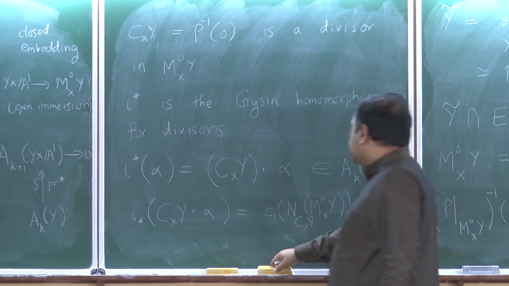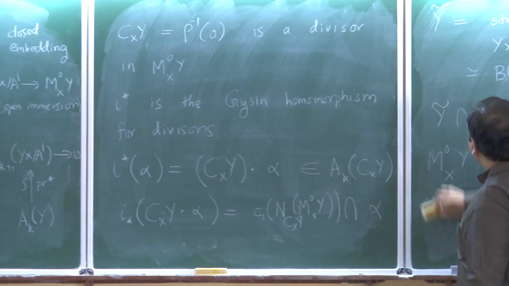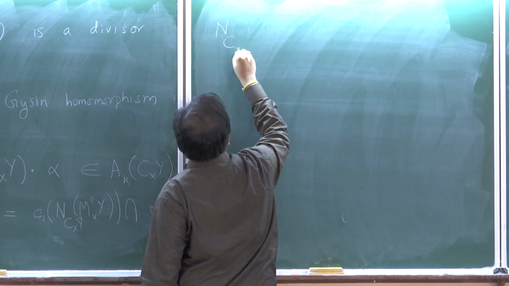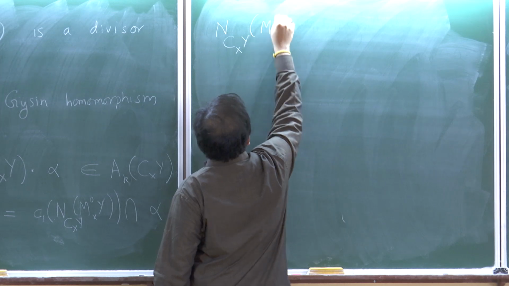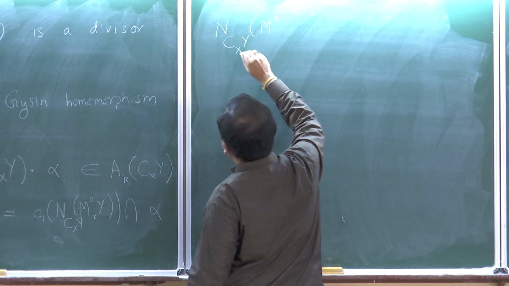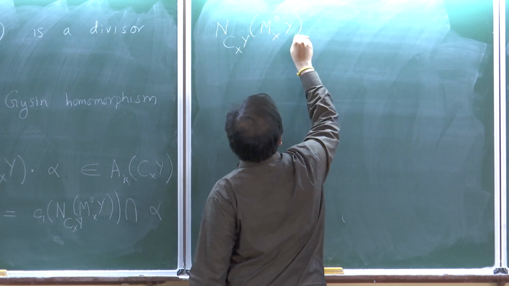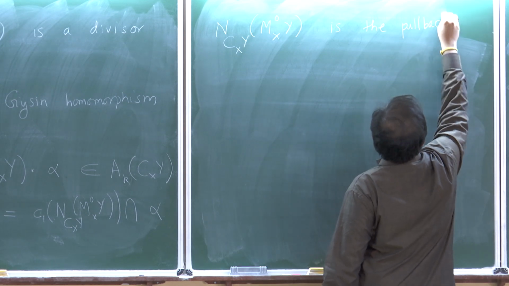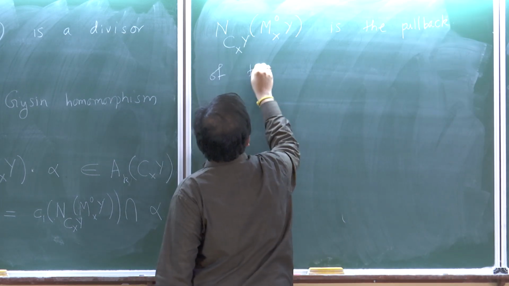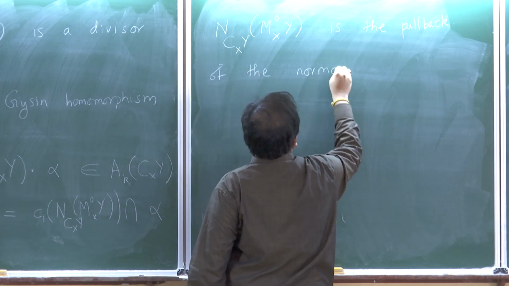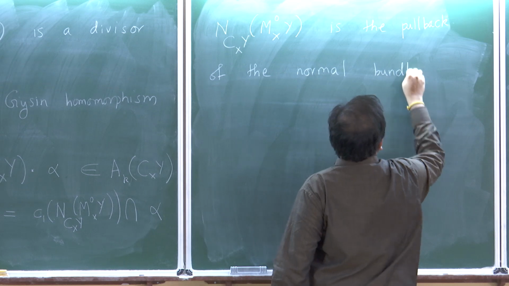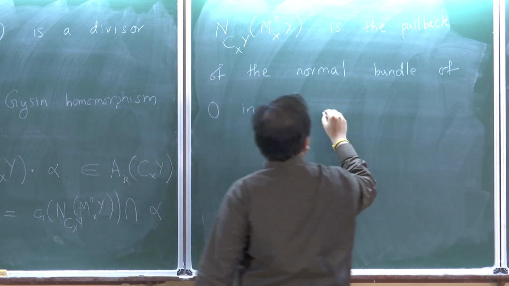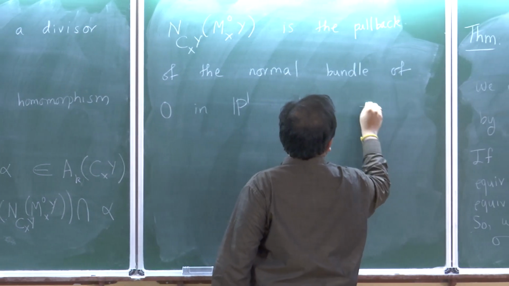But what can we say about this normal bundle? The normal bundle of C_XY in M_0 XY is the pullback of the normal bundle of 0 in P1 along rho.